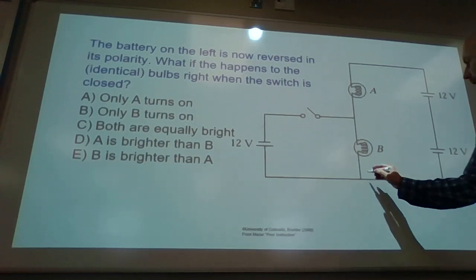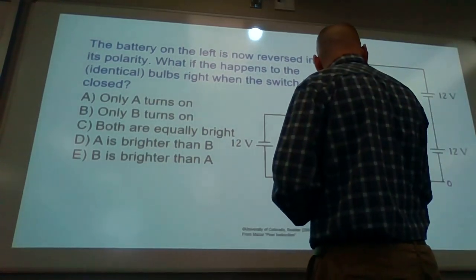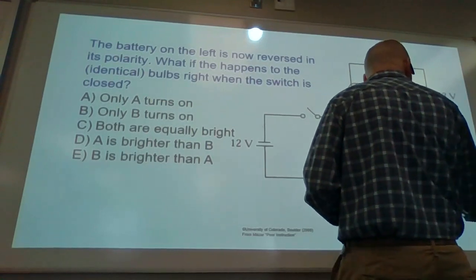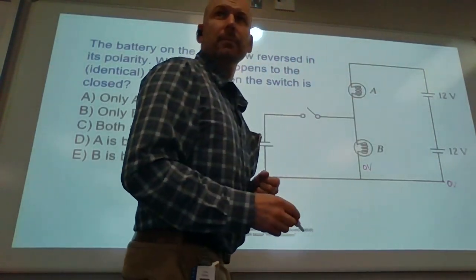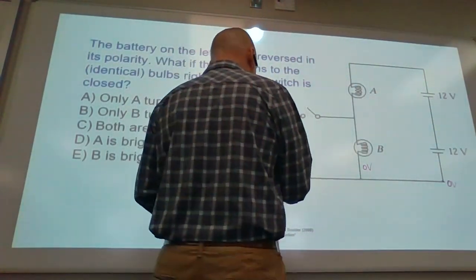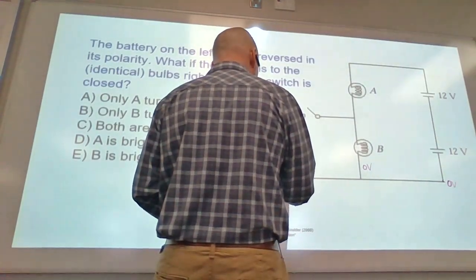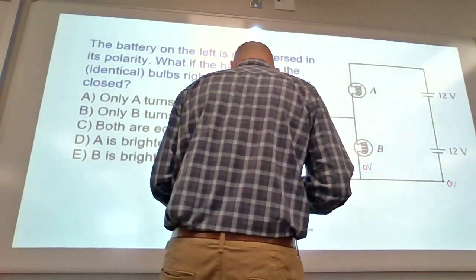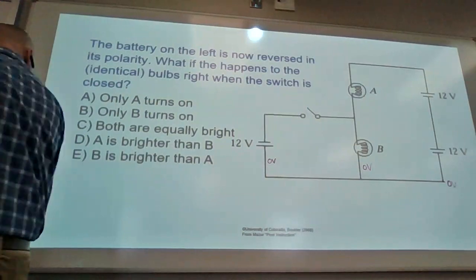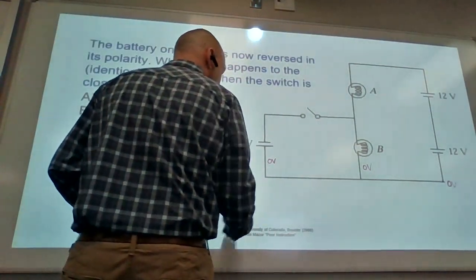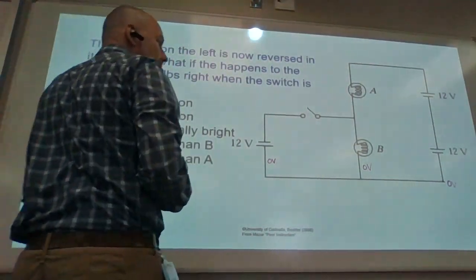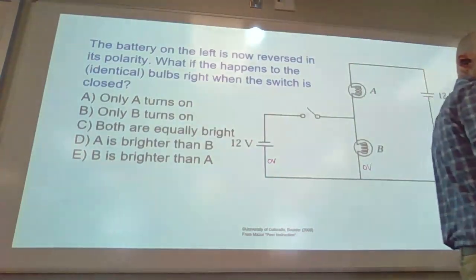So all along here this is 0, and I'm allowed to go negative, that's fine. All these places along here have electric potential of 0. It's all connected by a wire.